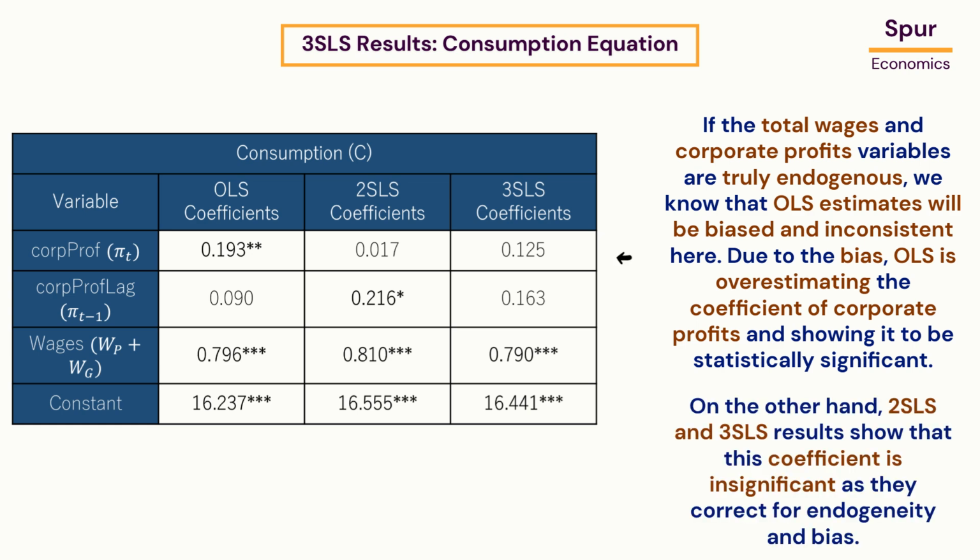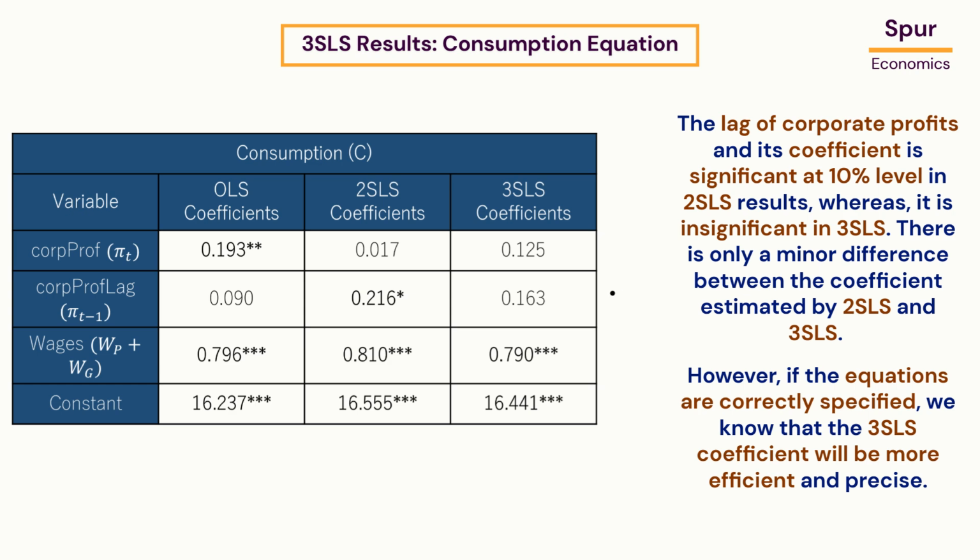On the other hand, 2SLS and 3SLS results show that this coefficient is insignificant as they correct for endogeneity and bias. The lag of corporate profits and its coefficient is significant at 10% level in 2SLS results, whereas it is insignificant in 3SLS. There is only a minor difference between the coefficient estimated by 2SLS and 3SLS. However, if the equations are correctly specified, we know that the 3SLS coefficient will be more efficient and precise.